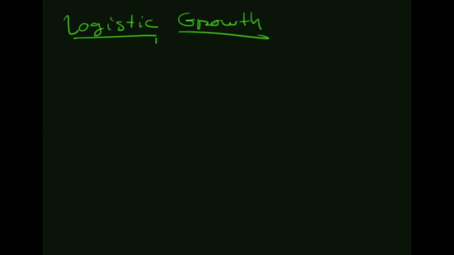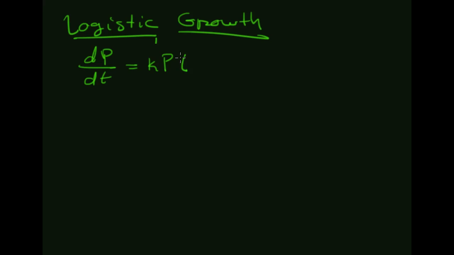Okay, so we've said that logistic growth is where the population with respect to time is going to be influenced by both the current population and the distance of the population from the carrying capacity.